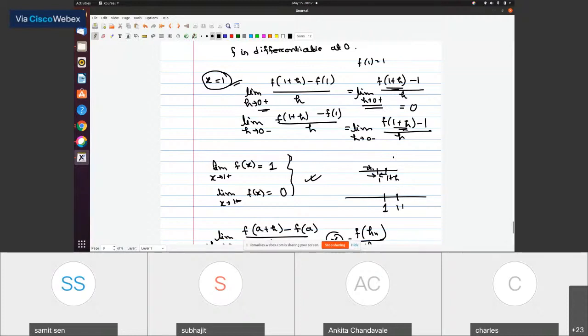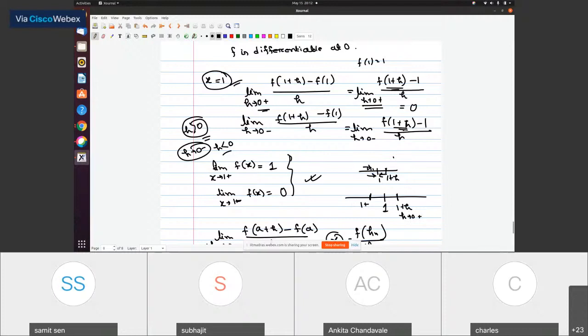H tending to 0 plus means h is greater than 0, and h tending to 0 minus means we are taking h from the left hand side of 0. So 1 plus h, when h is positive, gives us the right hand side of 1, and h tending to 0 minus means this is the left hand side of 1. Is it clear? Yes, sir.